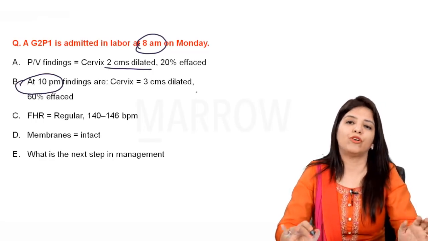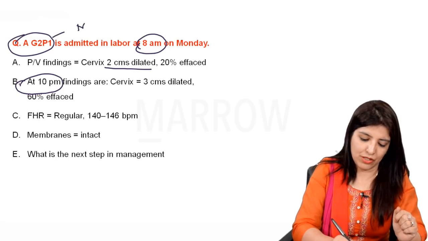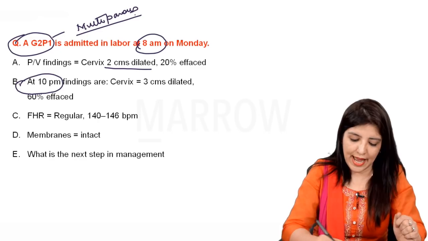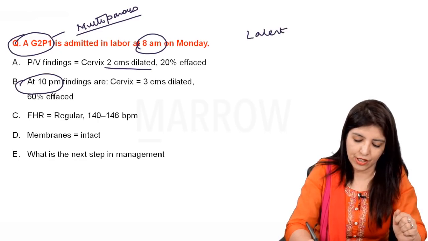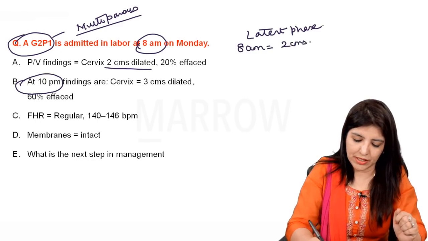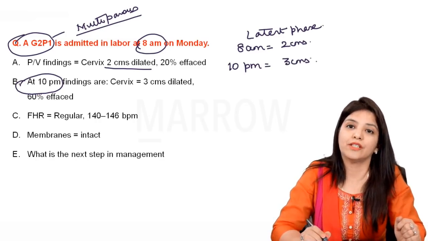Now, first things first, this patient is a G2P1 female. That means she is a multiparous female, and she is in latent phase. At 8 a.m., her finding was 2 centimeters. At 10 p.m., she's still in latent phase because her finding is 3 centimeters.